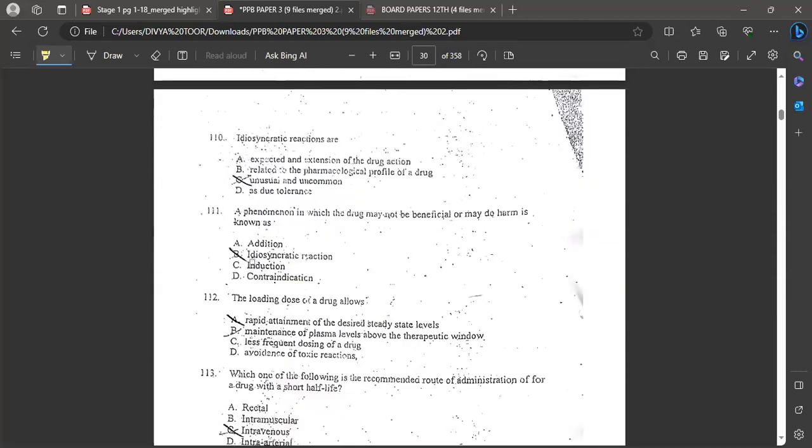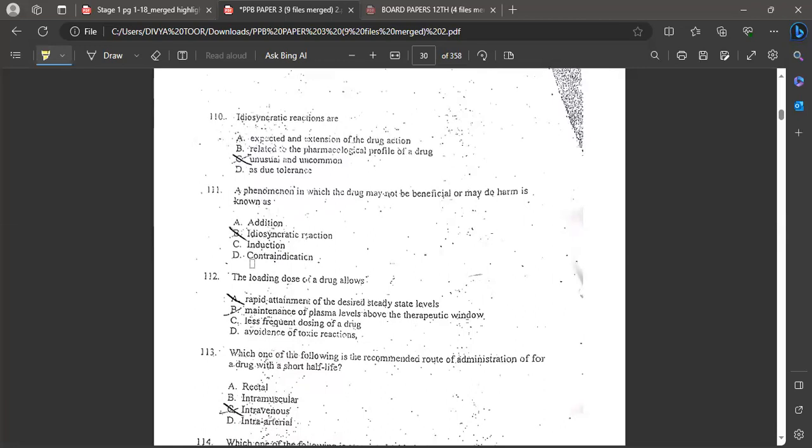Okay, idiosyncratic reactions are an expected extension of the drug action, related to the pharmacological profile of a drug, unusual and uncommon, or due to tolerance. Yeah, unusual and uncommon, yeah.